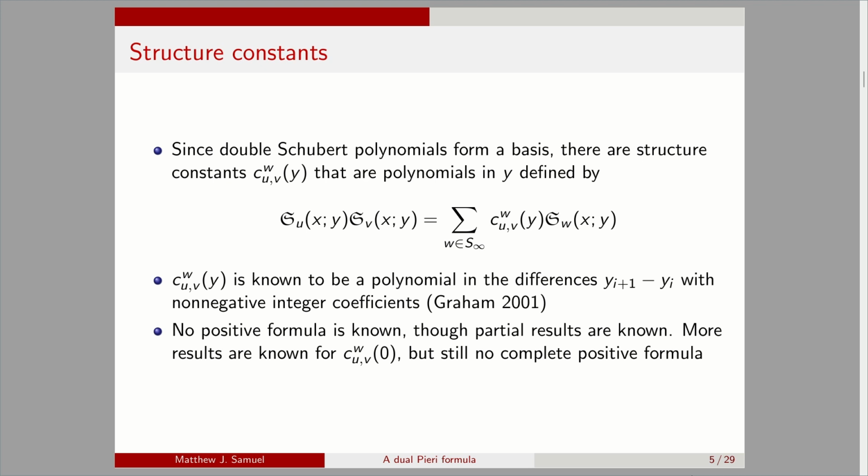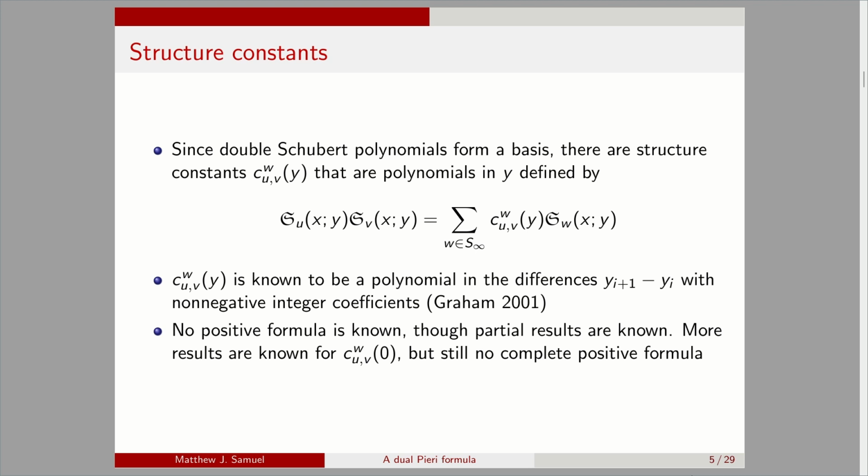So, I mentioned the double Schubert polynomials form a basis of Z[x,y] as a module over Z[y]. So therefore, we can multiply two double Schubert polynomials and re-express this in terms of the basis. And the structure constants, the coefficients we get, c_{uv}^w(y), are polynomials in y.